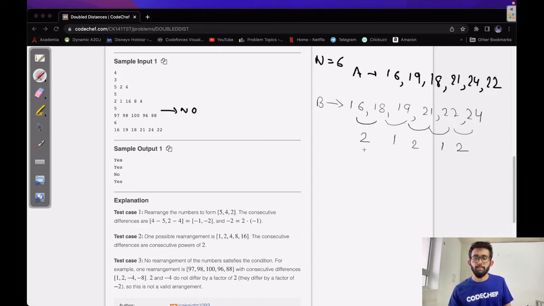So we can see this is obtained by dividing it by 2 or multiplying this by 2. Two is obtained from 1 by multiplying 1 by 2. The condition is satisfied here. It is also satisfied here. Again the same. We multiply 1 by 2, and over here also we multiply 1 by 2. So we see that the conditions are satisfied, and hence we are able to find a rearrangement. Therefore the answer is yes.